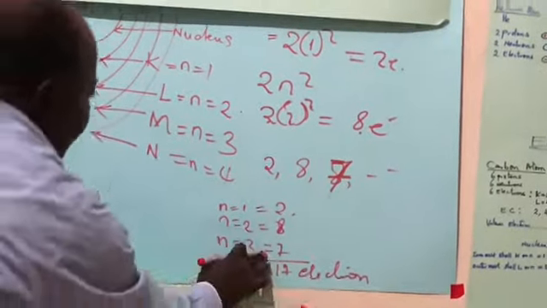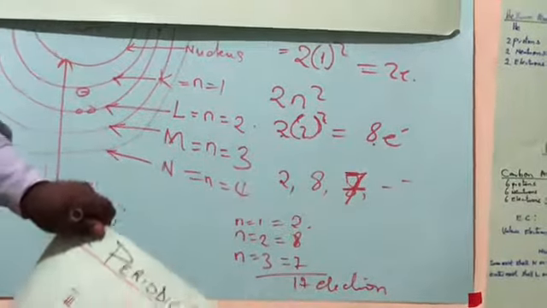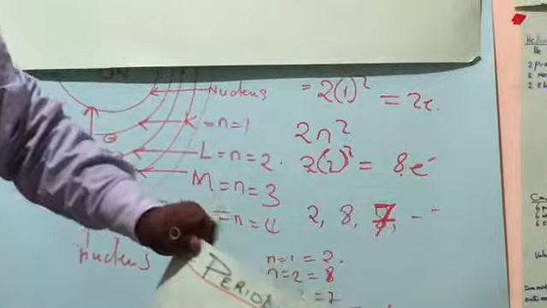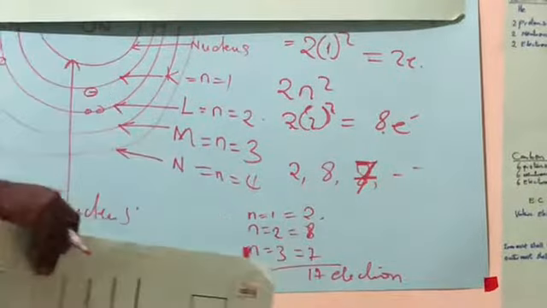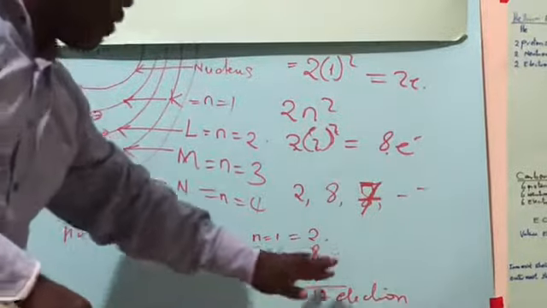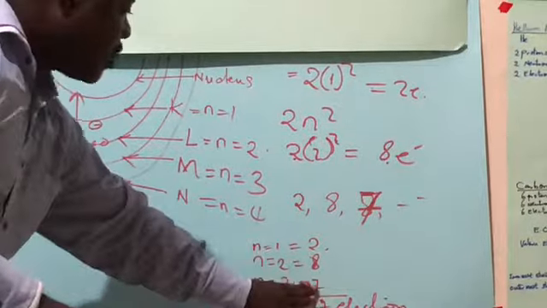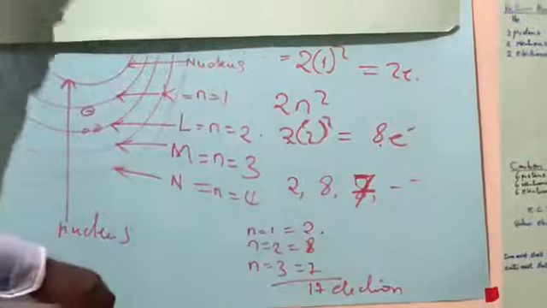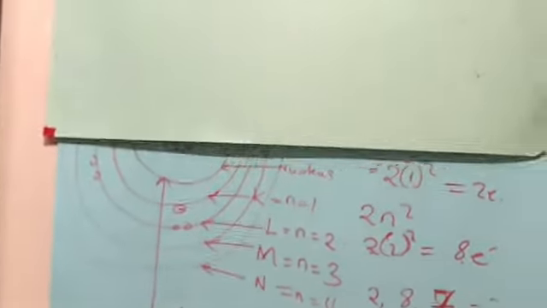So these 7 electrons are the electrons found in the valence shell. We call them the valence electrons. These are the valence electrons that are going to take part in a chemical reaction. These are the valence electrons that are going to be used in bond formation. Now, this is chlorine.